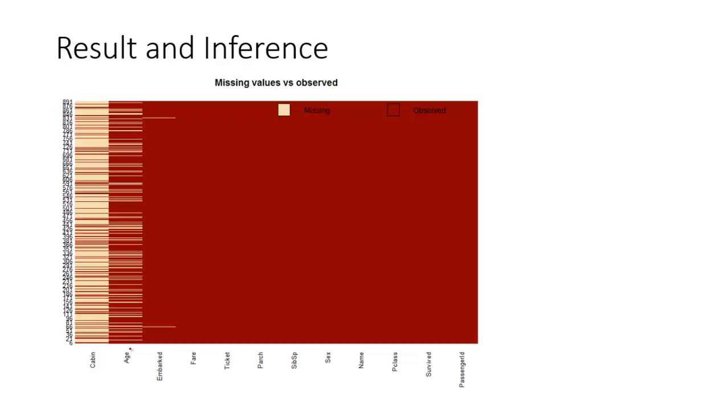And likewise for age, we have so many missing values, but we can't omit these, because age actually makes sense for prediction. If a person is aged, he might have survived, or if a person is younger, he might not have. So age is a good feature variable to train the data with.